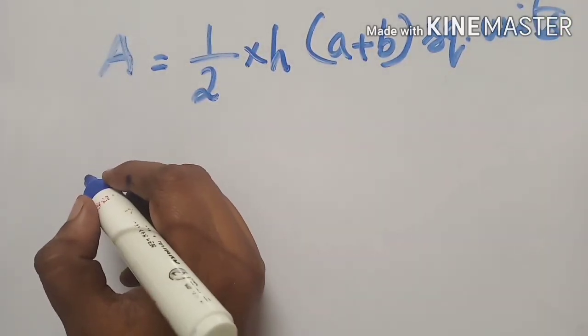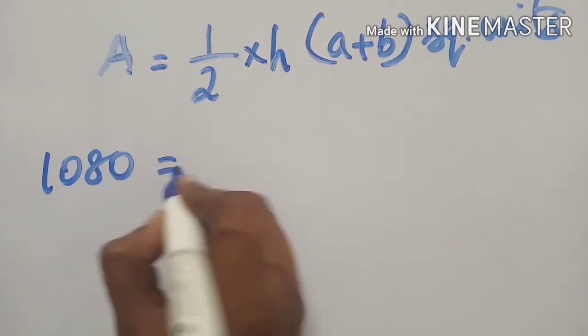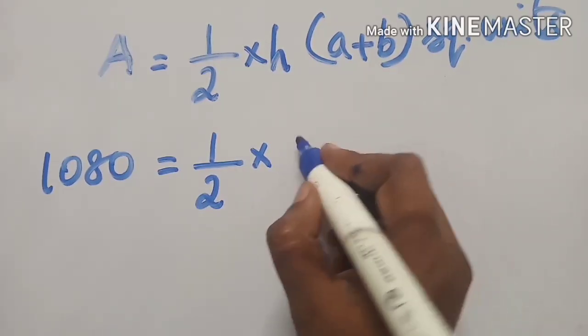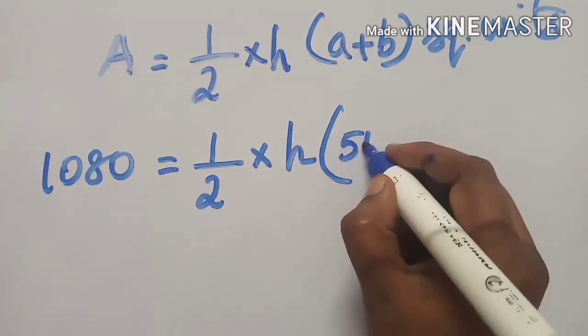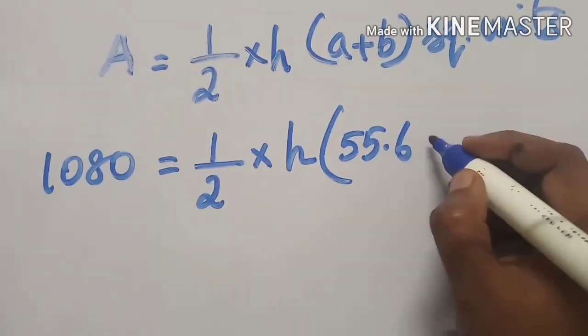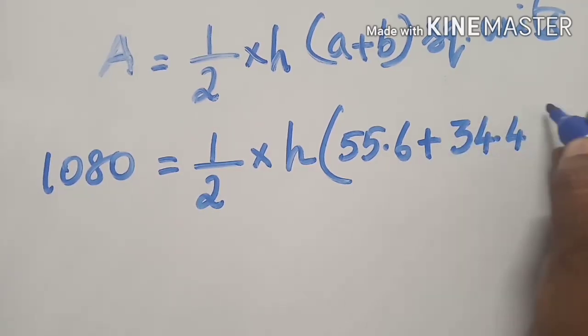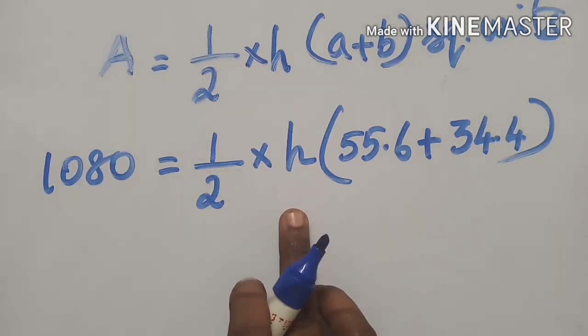Here area is 1080 square centimeter. 1080 is equal to half into h. We don't know the value of height. What is A? 55.6 plus, what is B? 34.4. Here I wrote the values of A and B. We have to find the value of h.